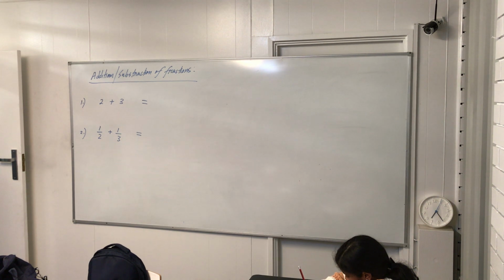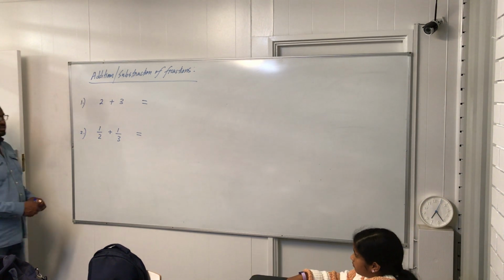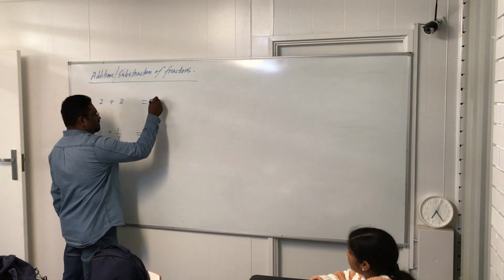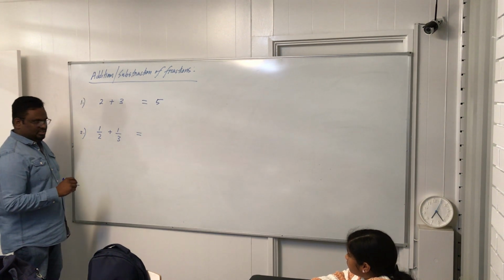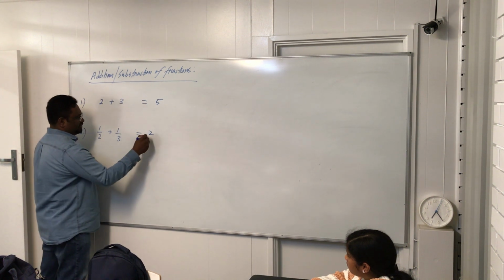Okay. Yeah. First one is easy, second one, what is the answer? I think it's 2/5. 2/5. So I have an answer. So this is 5, right? The answer to this one is 1 plus 1 is 2, 2 plus 3 is 5.